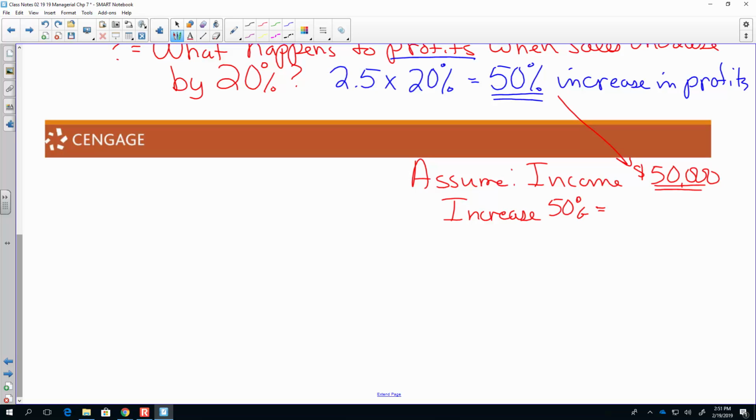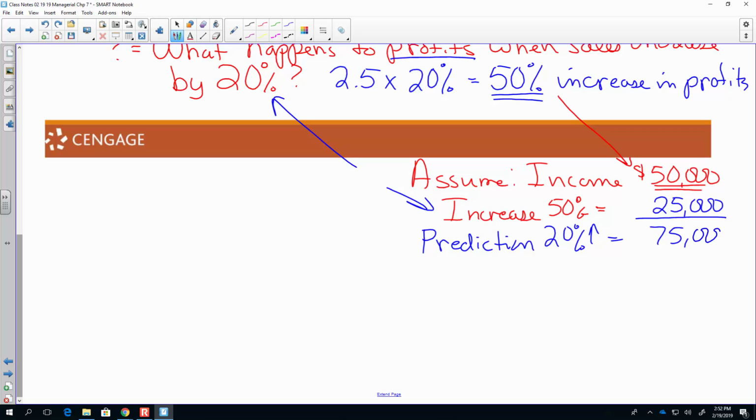What's 50% of 50,000? 25,000, right? So if my sales go up 20%, my increase in income will be 50%, or 25,000, and my prediction then of income, if my sales go up 20%, will be 75,000.